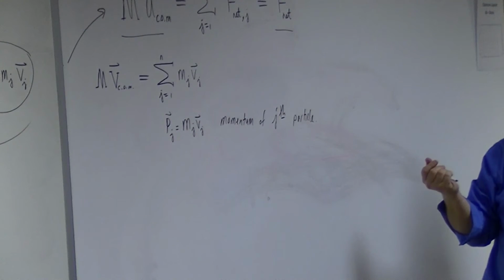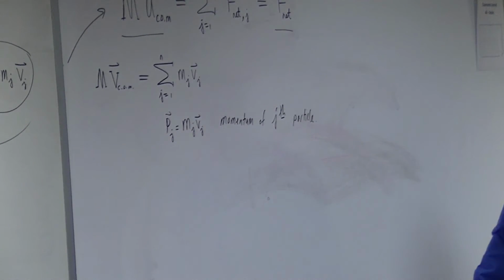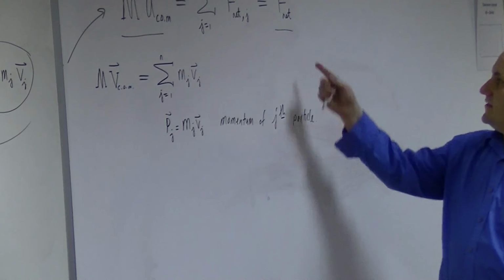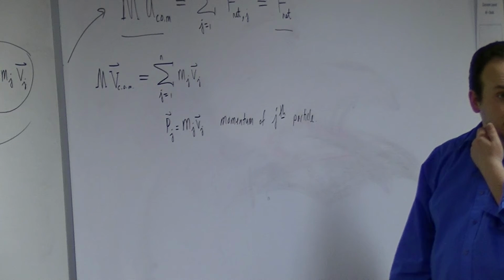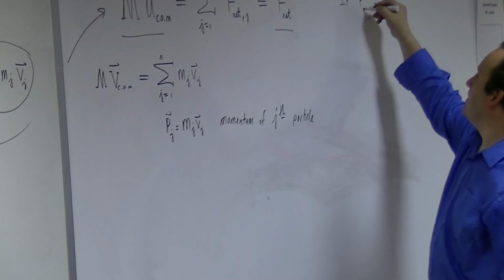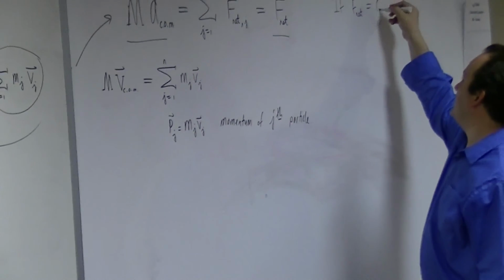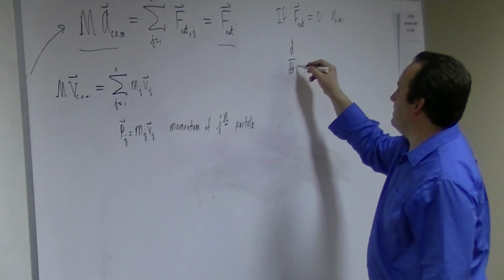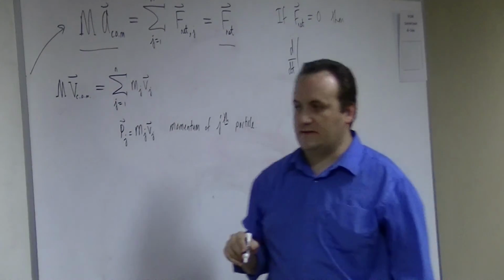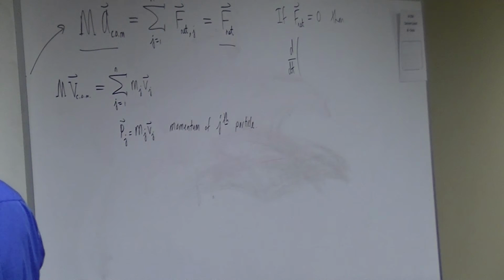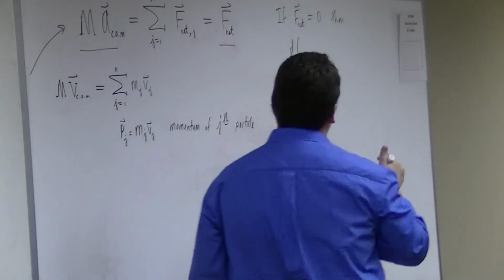And from this calculation that we've done here, you get the following. If the net force is 0 for some system, then what? d/dt of what? d/dt of the momentum, really.